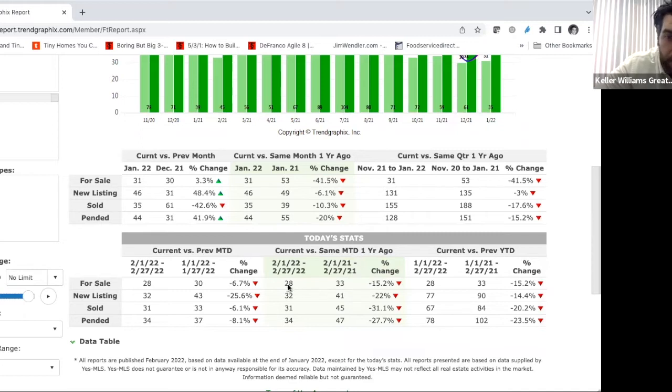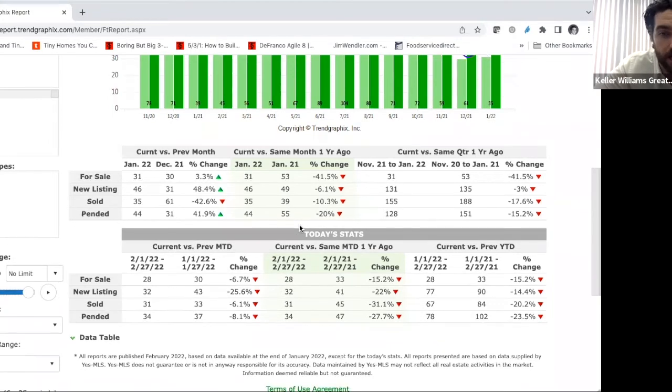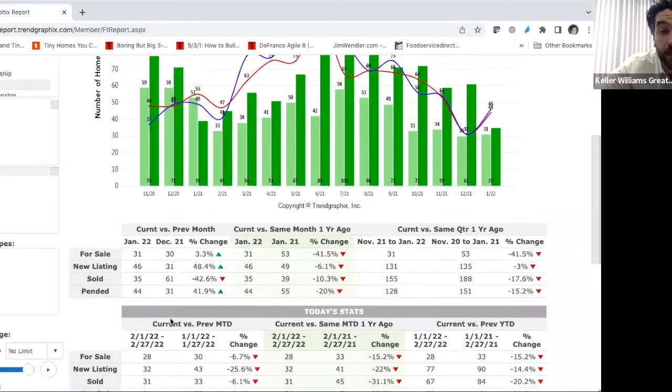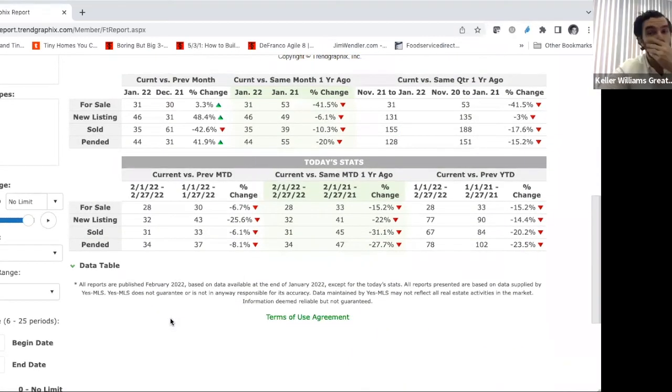There's only 28 for sale this year. Or wow, look at where inventory was in January of 21. All right, 53 to 31 at the end of January, right? So you can get that context also here graphically. Now, what's really cool is we can pull this. There's a section called the data table, right?